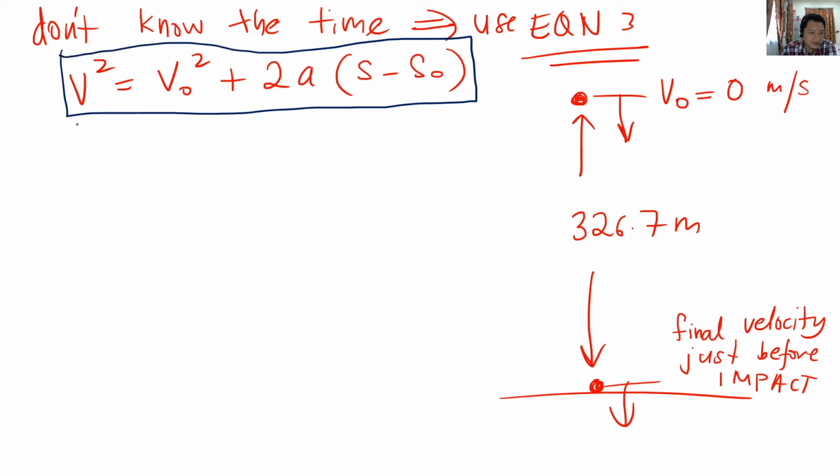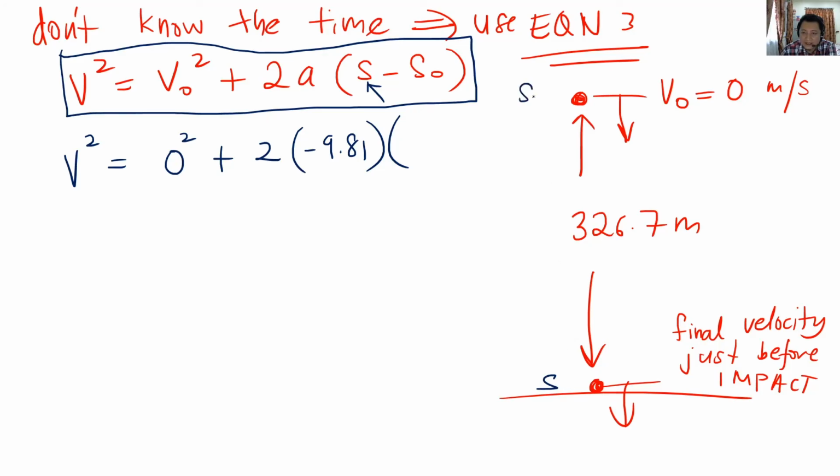So this is the one that you're trying to find lah. V squared final. Original velocity 0. 2 negative 9.81. S ni apa dia? Final displacement. Final duduk kat sini lah. S not duduk sini. S tak tahu.